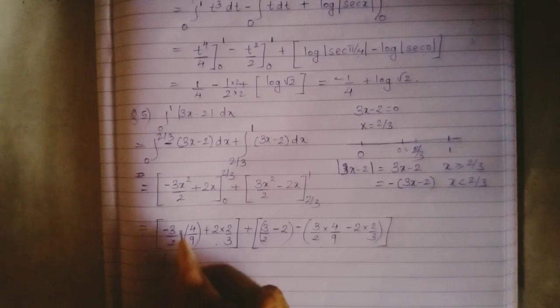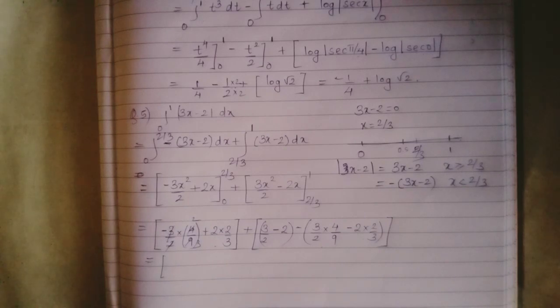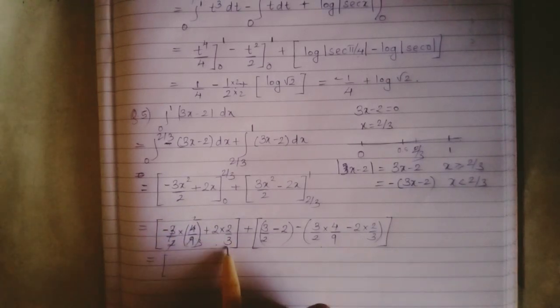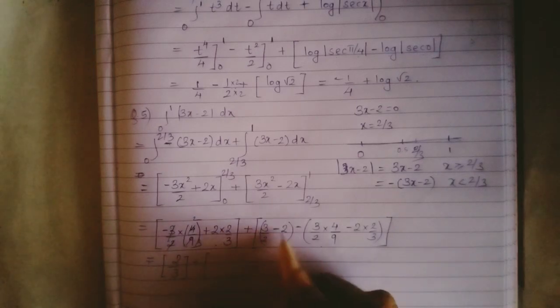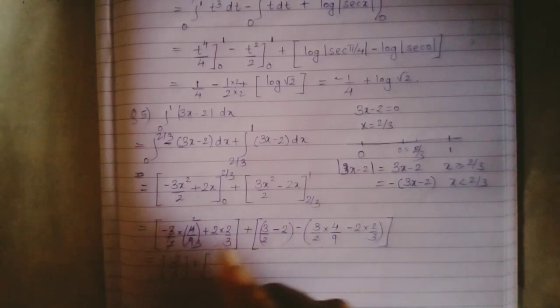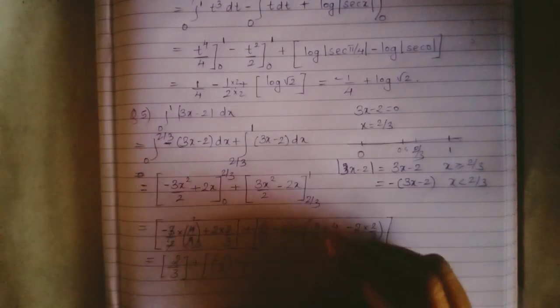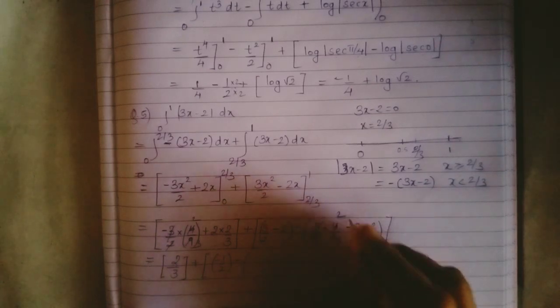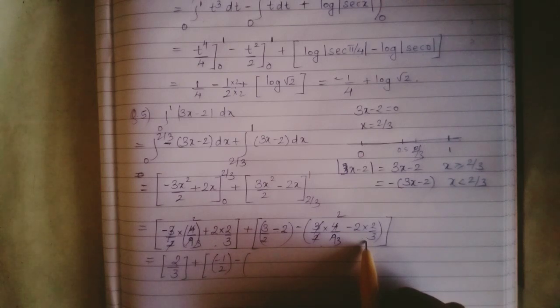So you can write this as minus 2 by 3 plus 4 by 3, plus 4 minus 1 by 2, again 2 by 3 minus 4 by 3, so minus 2 by 3.